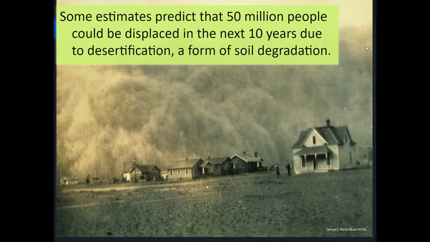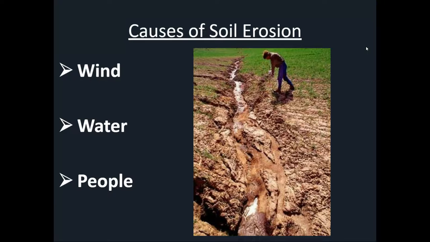All right, so moving into the last little bit of this presentation, some estimates predict that 50 million people could be displaced in the next 10 years due to desertification, a form of soil degradation. And we'll talk about what desertification is. This is basically the drying out of soil because of poor soil management techniques.